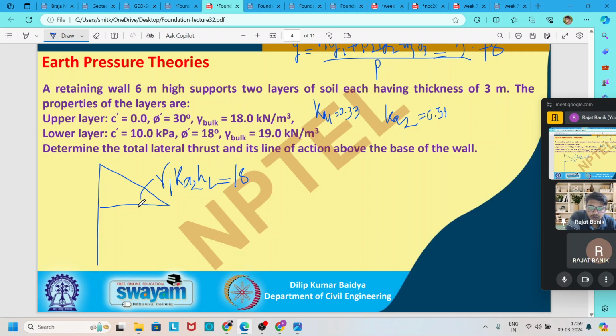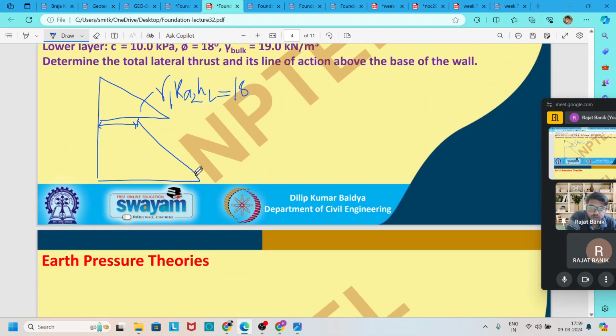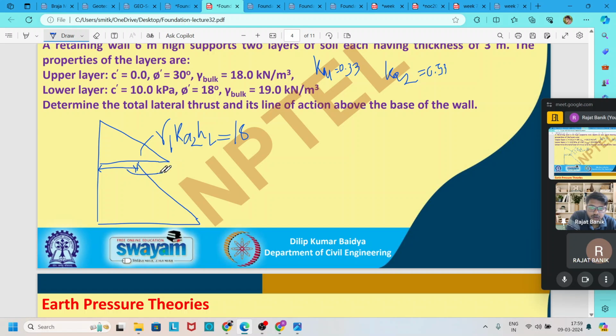And for layer 2, from here to here the distance is gamma 1 Ka1, sorry, for the first layer it is Ka1, and for the second layer it is gamma 1 K2 H1 minus 2C root K2.